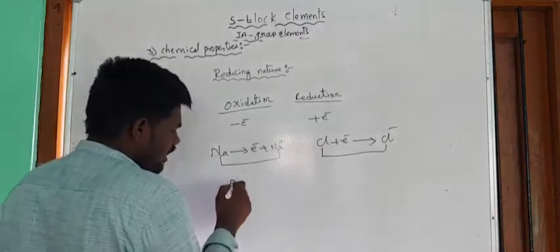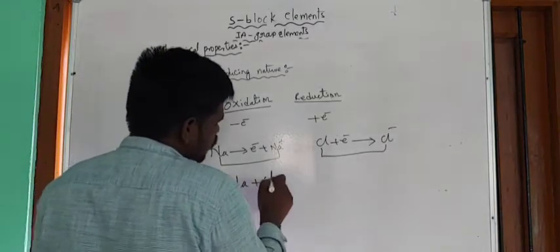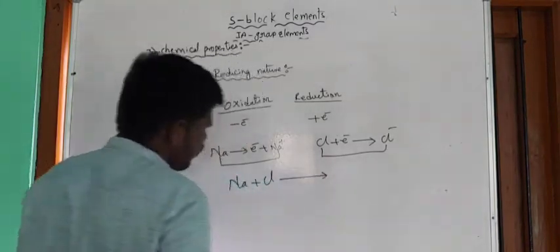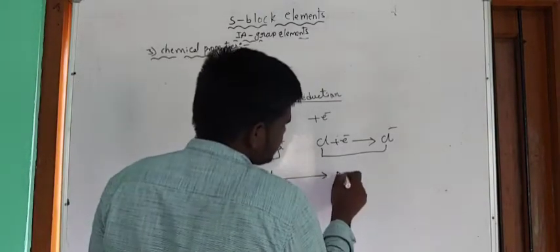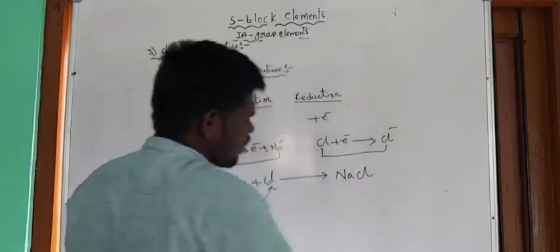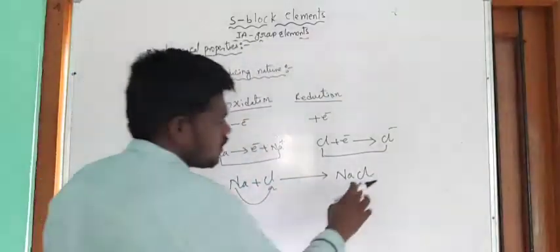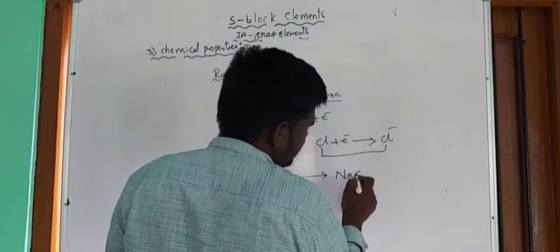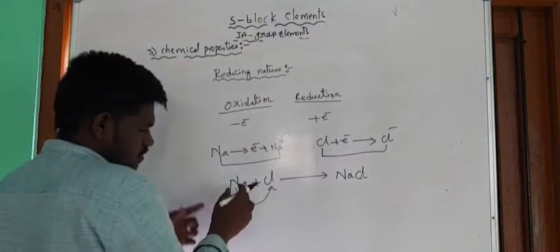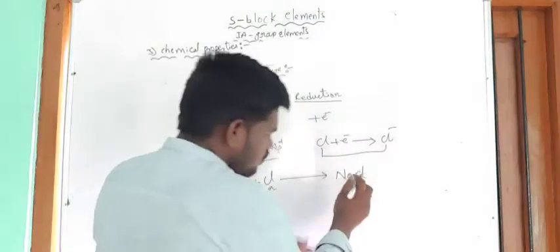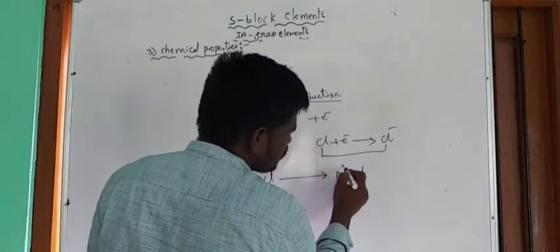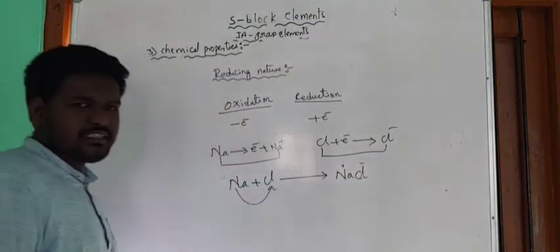Now when you treat sodium with chlorine, what happens? Electron transfer takes place from sodium to chlorine and gives us the NaCl compound, sodium chloride. In this one, Na has a positive charge and chlorine has a minus charge.